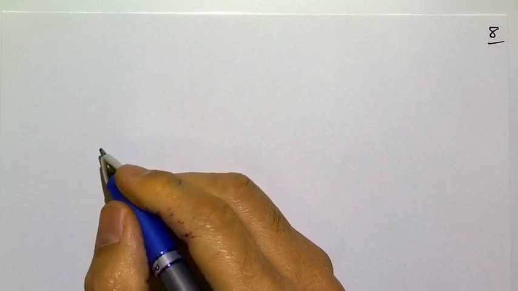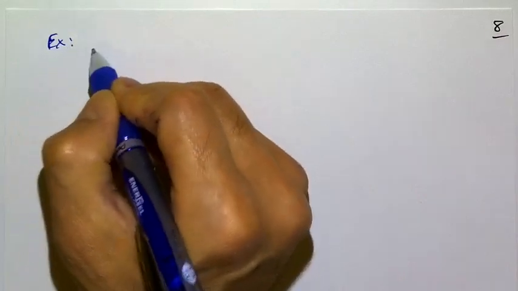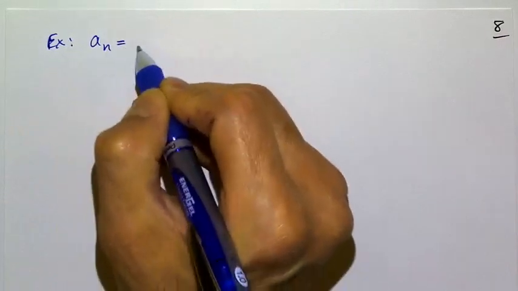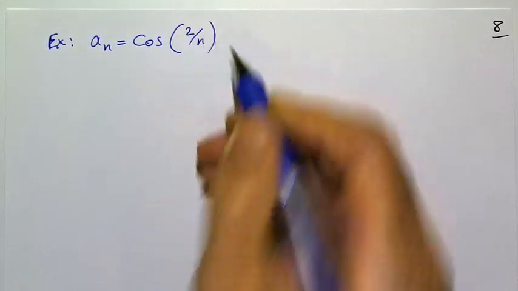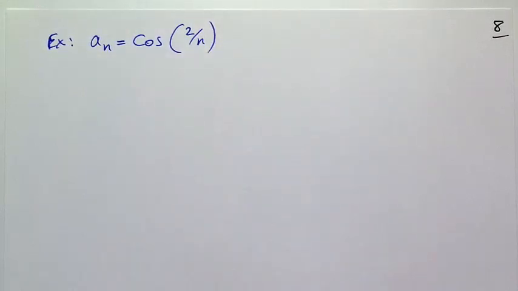In the next example, we have a sequence like this. Cosine of 2 over n, right?